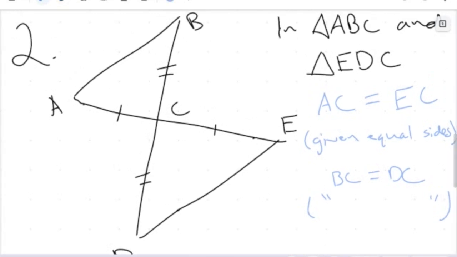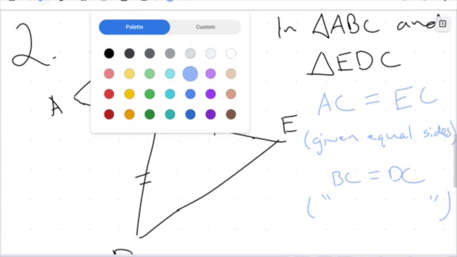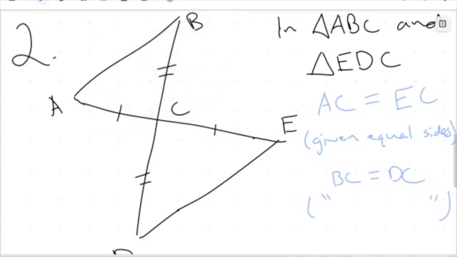Now let's consider, feel free to pause the video and try this on your own. I would encourage you to do that, because obviously me or any other video tutorial creators aren't going to be in your exam with you or doing the homework with you. So please feel free to pause the video and try to spot any third commonality between these two triangles, because you're going to be having to do this anyway.